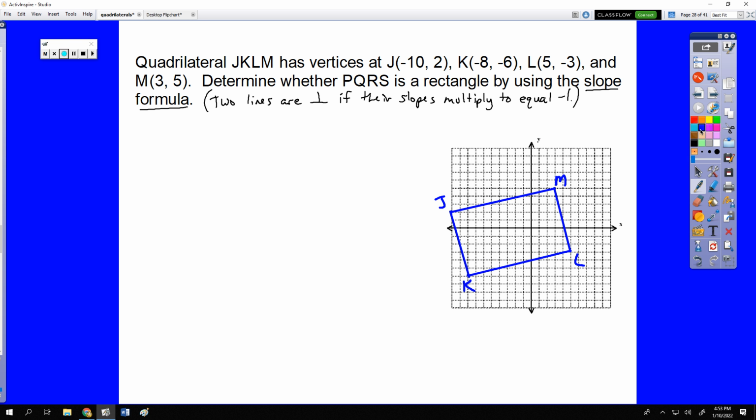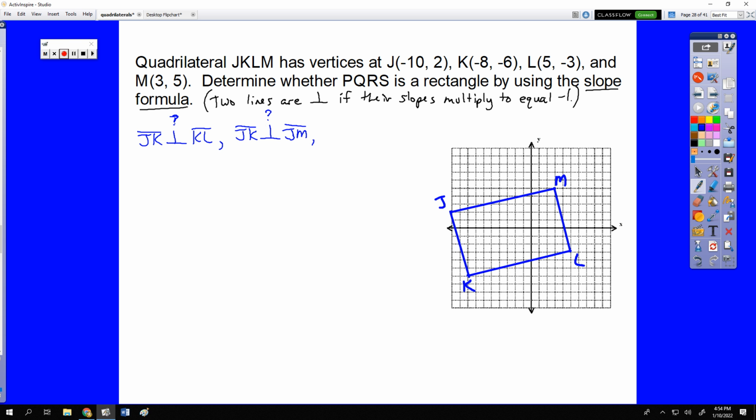And in order for us to guarantee that this is a rectangle, we would need to show that JK is perpendicular to KL. We would need to show that JK is perpendicular to JM.